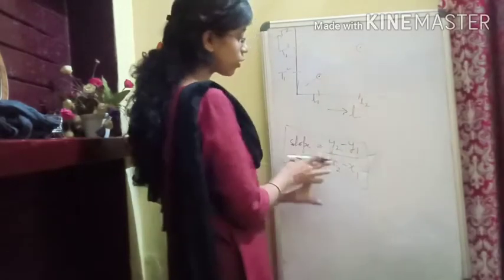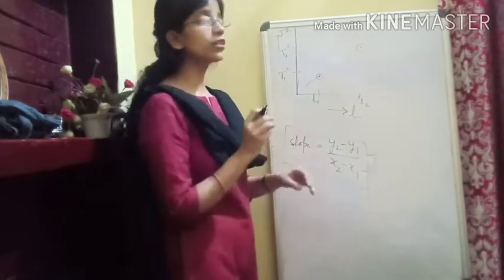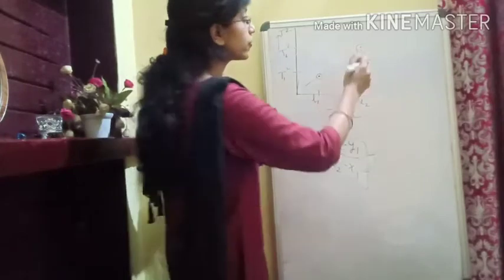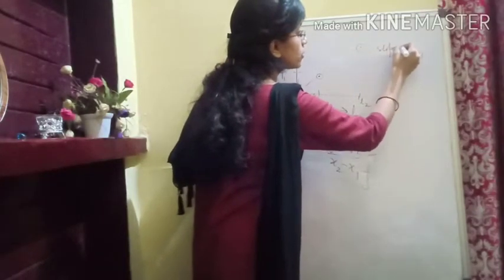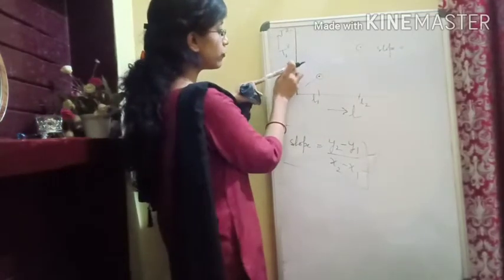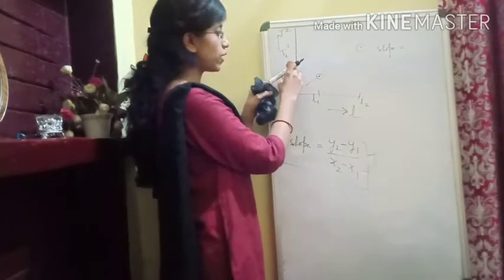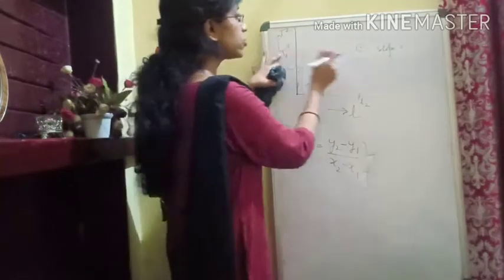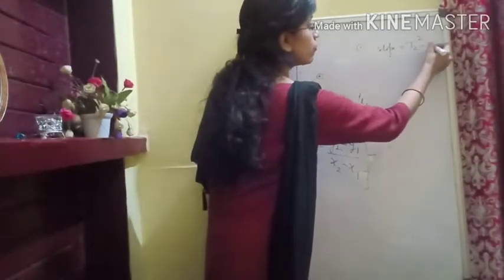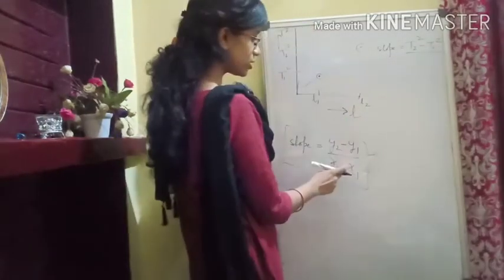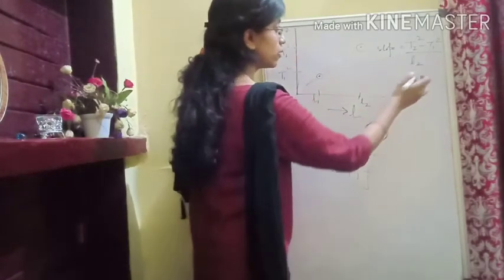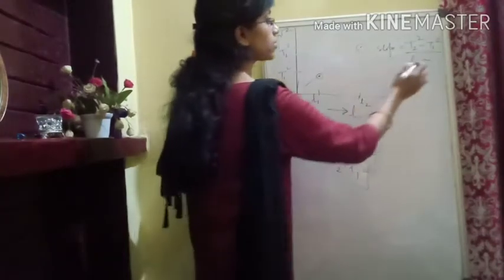Now we are going to use this formula to calculate the slope of this graph. Slope of the graph should be y2 minus y1, where y means the y-axis. y2 is t2 square and y1 is t1 square, upon x2 minus x1. x2 is L2 and x1 is L1.